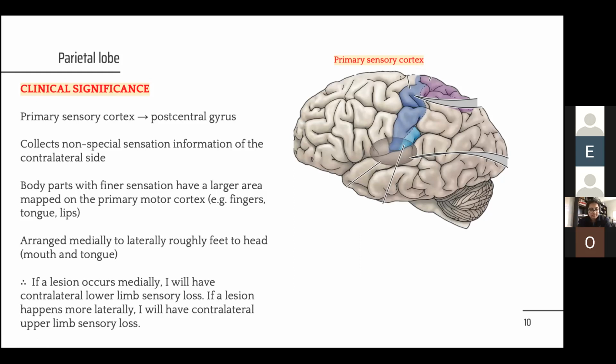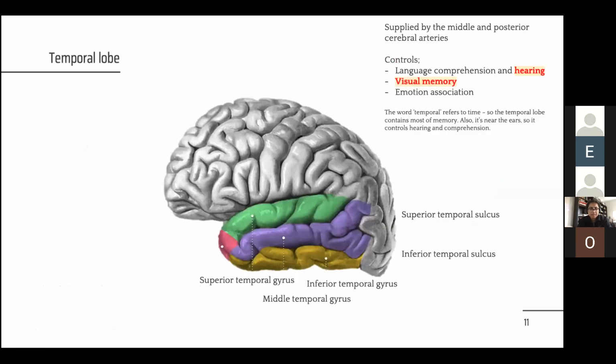In the exact same way as the primary motor cortex, areas of your body that require finer, more accurate sensation, like your fingers, will have a larger area. It is also arranged medially to laterally, feet to head. So if something messes up here, that's medial, so you'll lose sensation in your leg as opposed to your head. That's it for the parietal lobe.